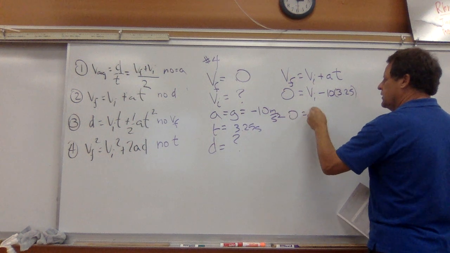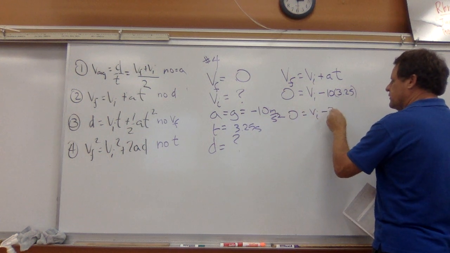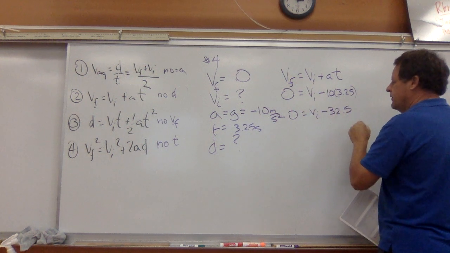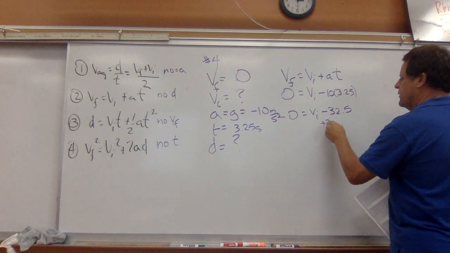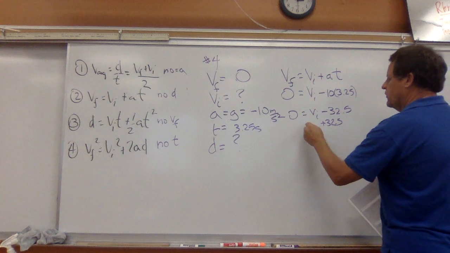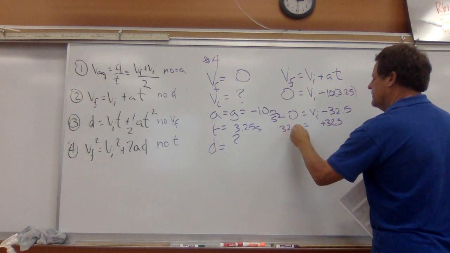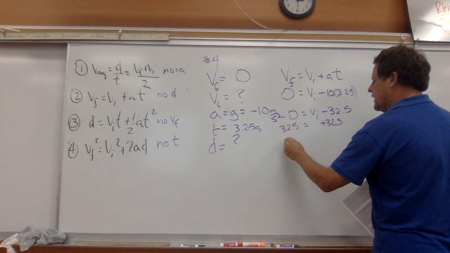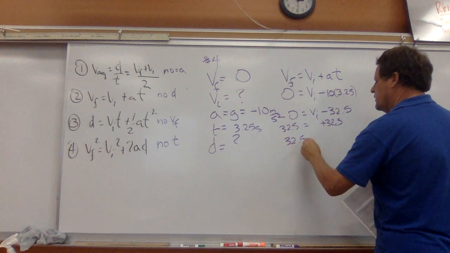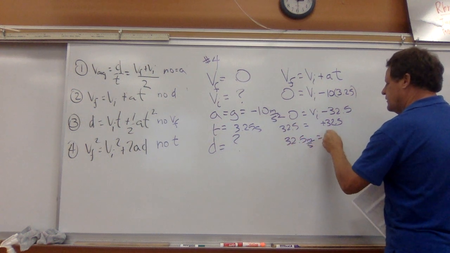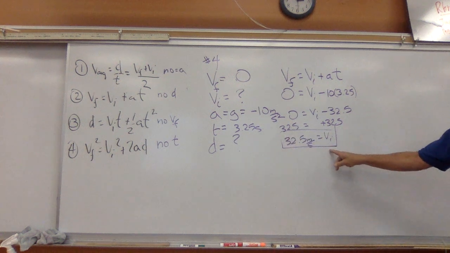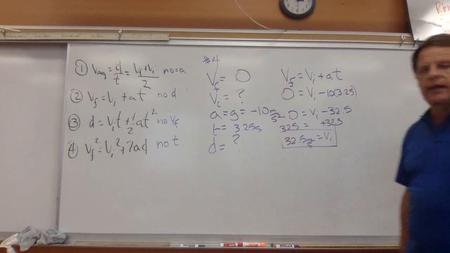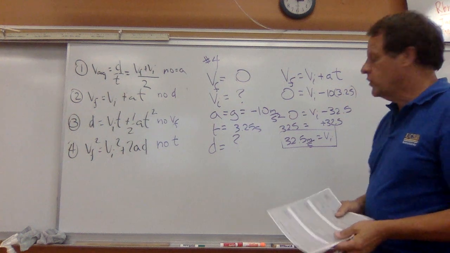So 0 is equal to VI minus 32.5. Now we want to get this all by itself, so we're going to add 32.5 to both sides, and we get 32.5 meters per second is equal to our initial velocity. Even though we've done that, we have not answered the question.